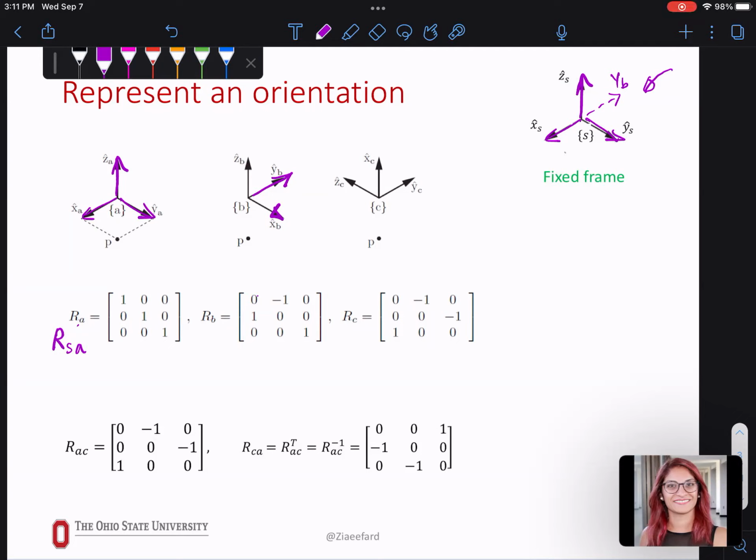Now, let's say that I want to know the rotation, the mapping between frame A and frame C. If you remember, the first subscript is the old or original frame. You're trying to find the rotation with respect to it. So I want to know how I can represent C in frame A. That's how you will read it.